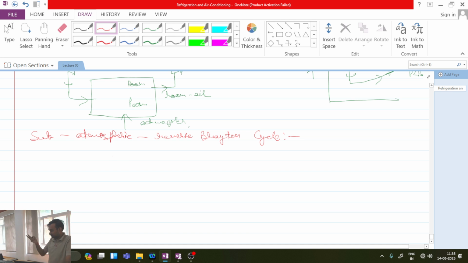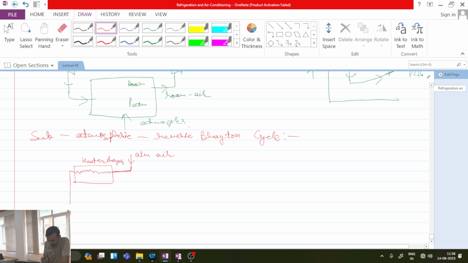Sorry, not the compressor. We have to do it the other way. Okay, so what will be happening? Let me tell you over here. So this is atmospheric air. This atmospheric air first will be passed through a heat exchanger.